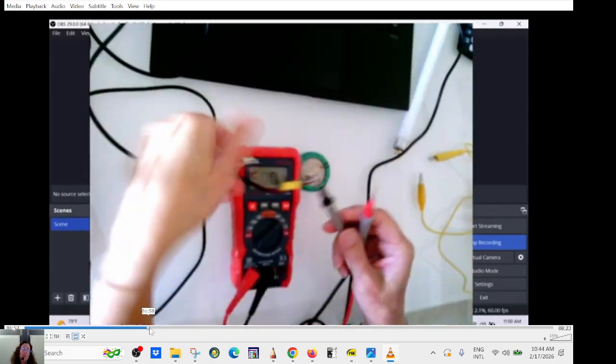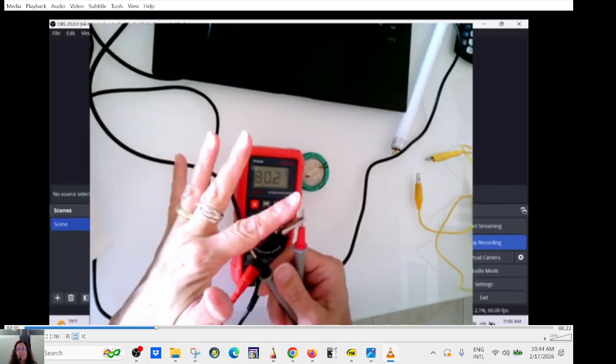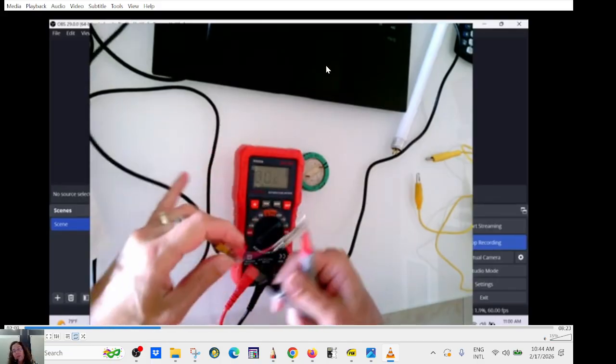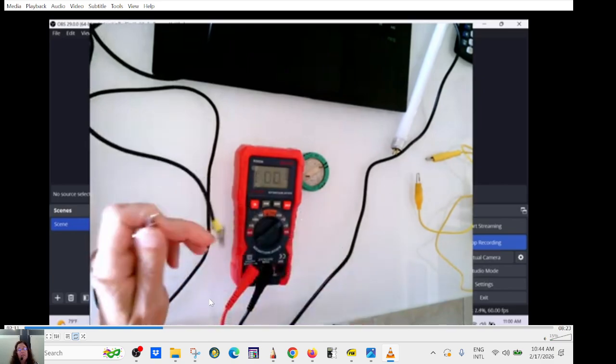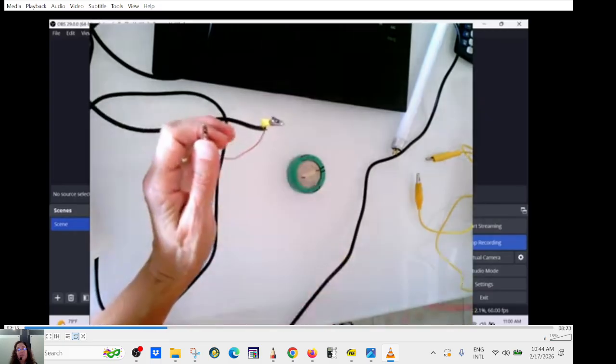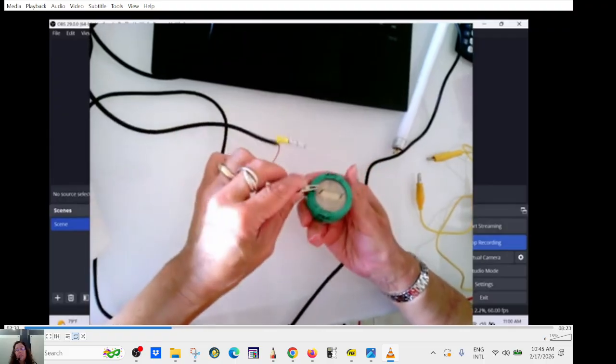Okay, so that's my USB. From the USB, you should get 5 volt across. So then I'm charging my capacitor, 5 volt from the USB.